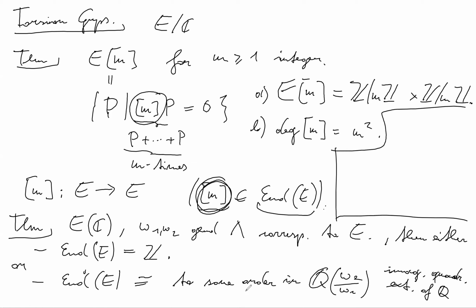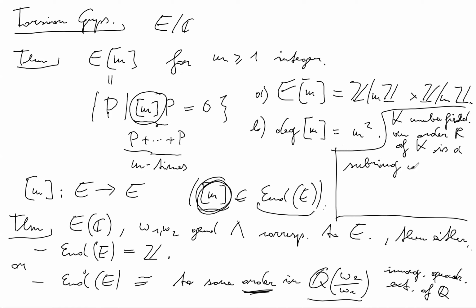There's this weird word order here. I should probably quickly say what I mean by that. So if I take any number field, take K a number field, by that I mean some algebraic extension of Q. Then an order R is a subring of K which is finitely generated as a Z module.